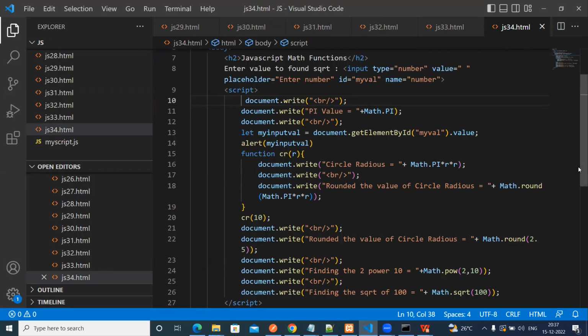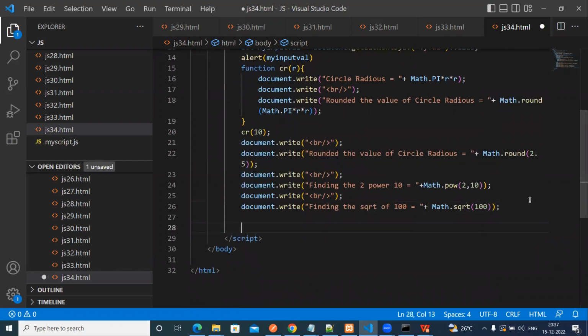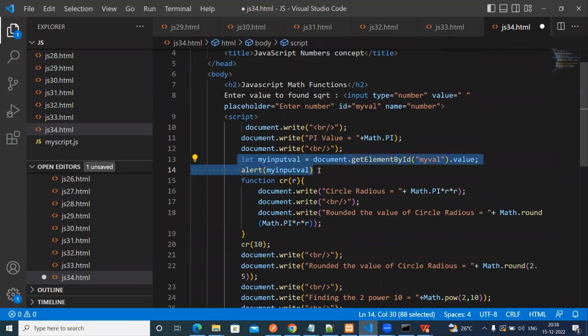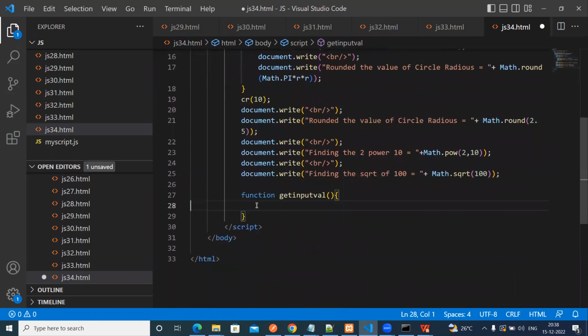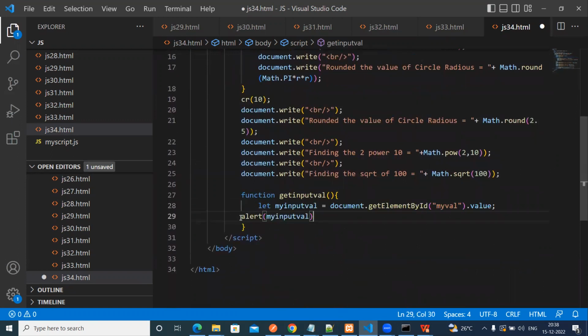So I am writing the function here, function getInputVal, and inside we have to write that code.